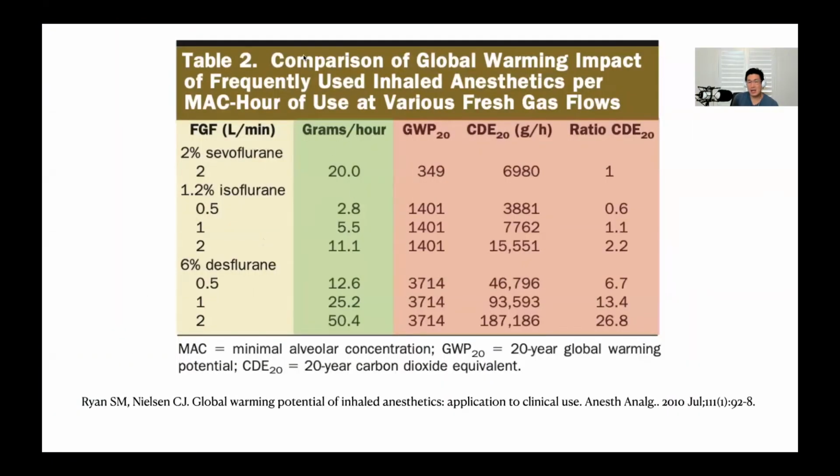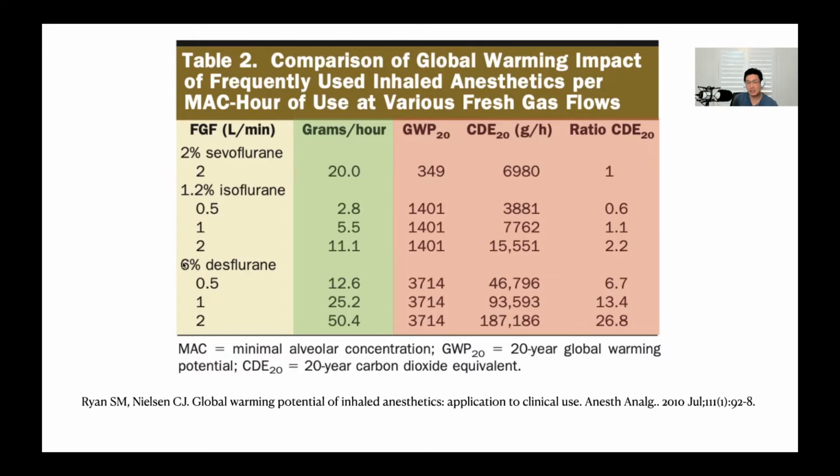And this is the other thing I want to talk about, which is the amount of volatile used. This is pretty consistent. I don't think there's any argument that we understand this is the amount of drug used. So 2% of sevoflurane at 2 liters per minute produces about 20 grams per hour.